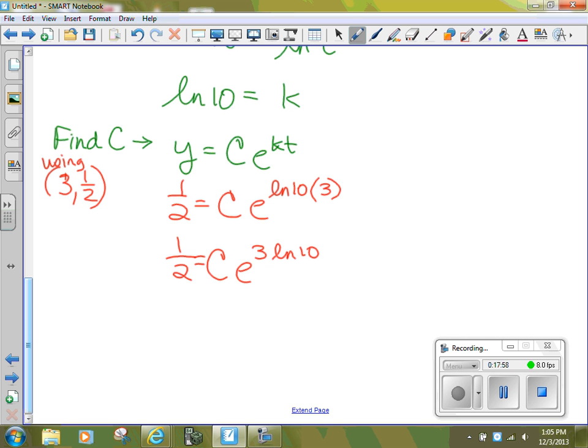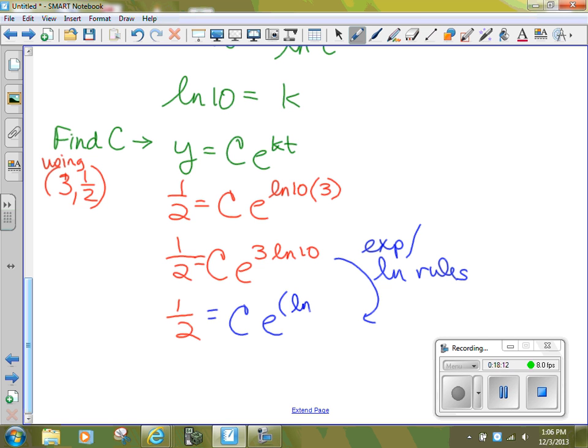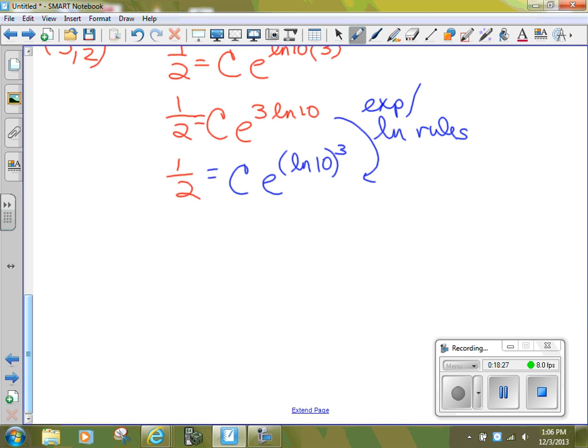That right there, folks, from here to here, that's using your ln rules, your exponential rules, okay? If you say ln 10 raised to the 3rd power, now the e and the natural log cancel, okay? So that's going to give me what?